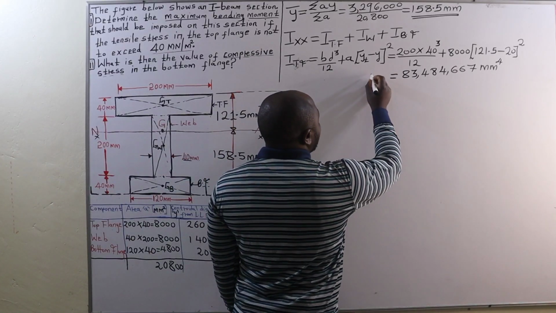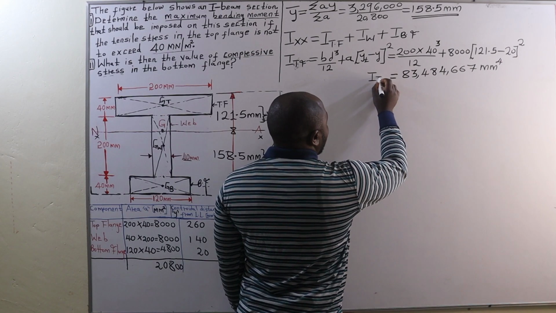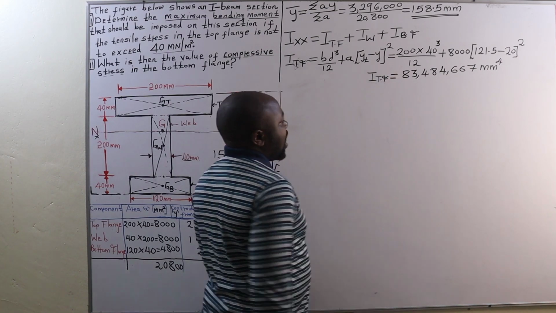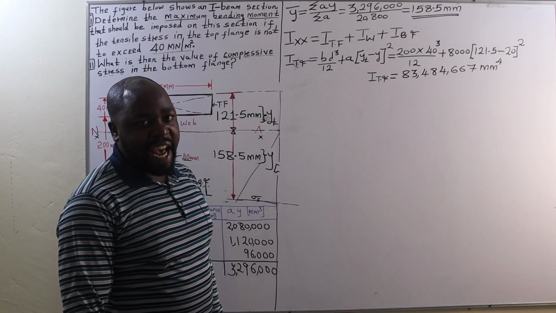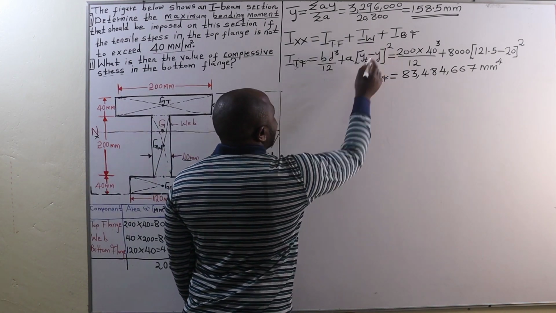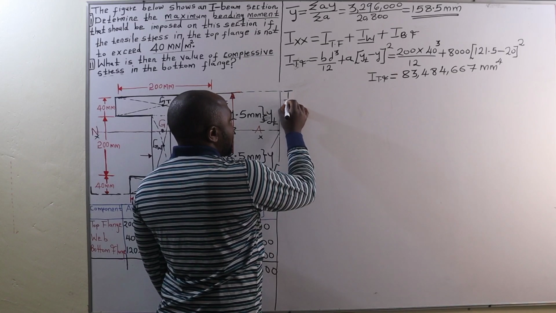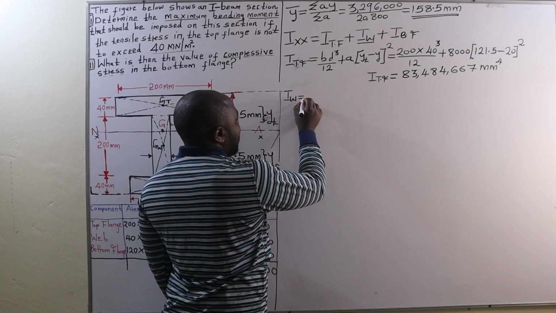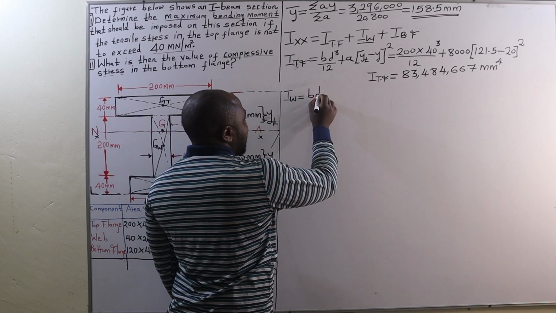Therefore, that is the moment of inertia of the top flange about the neutral axis. From there, we determine the moment of inertia of the web about the neutral axis, which is also a rectangle.